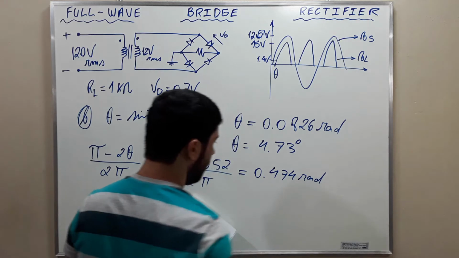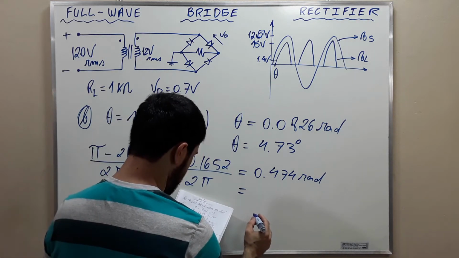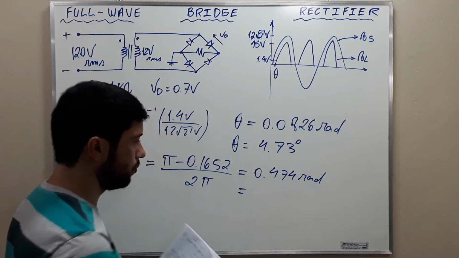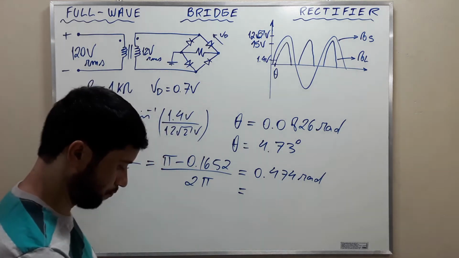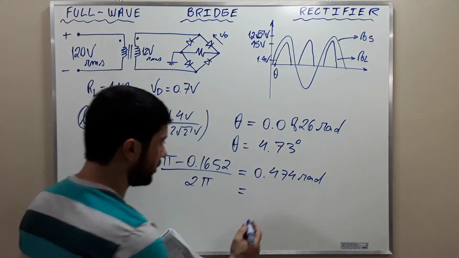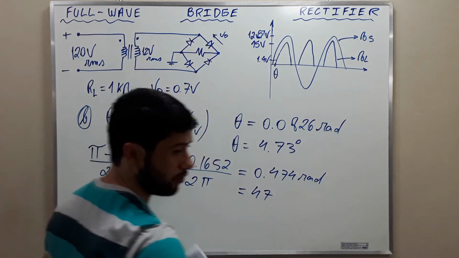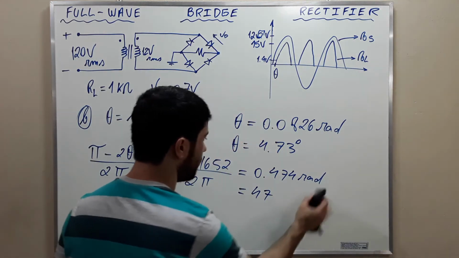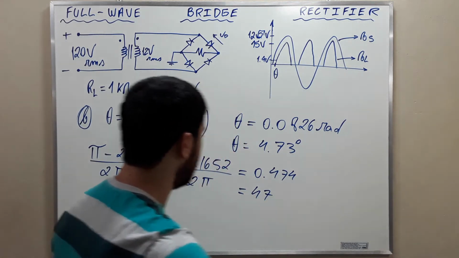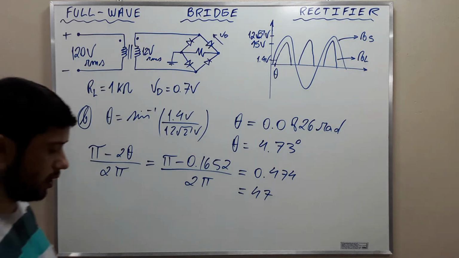Radians, or if you prefer, if we multiply this by 100%, it is going to be... No, this is not in radians. Sorry, it was a mistake that I made. This is not the angle. This is the fraction of the cycle it conducts.